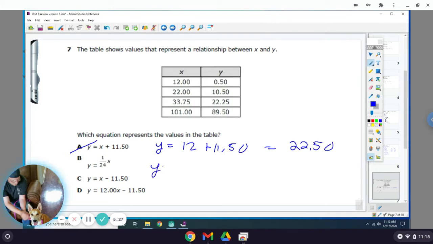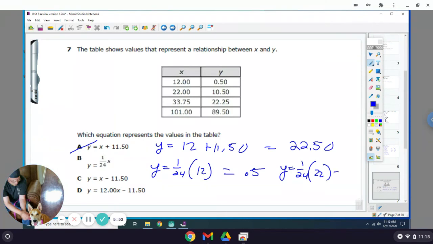So here, Y is equal to 1/24 times 12, which actually comes out to 0.5. So let's see if that's true for all the other ones. Y is equal to 1/24 times 22, and then you get 0.91.